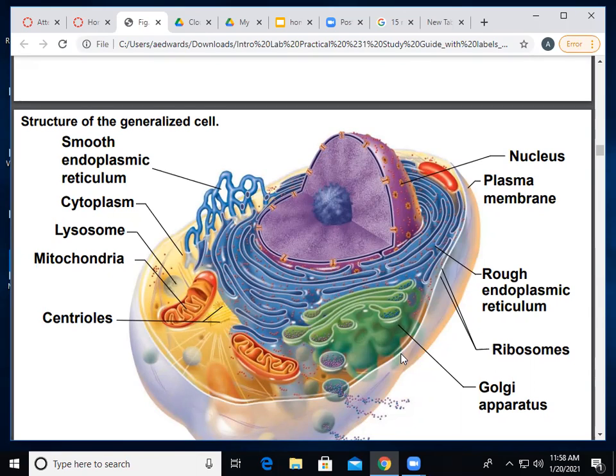Centrioles are actually like these right here. I don't have a better way to describe them than like mini churros. They kind of have ridges, lines on them. They are on the ends of the cell and they help the cell spread apart when it's getting ready to divide.